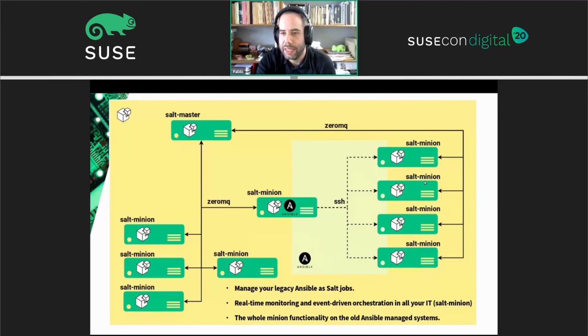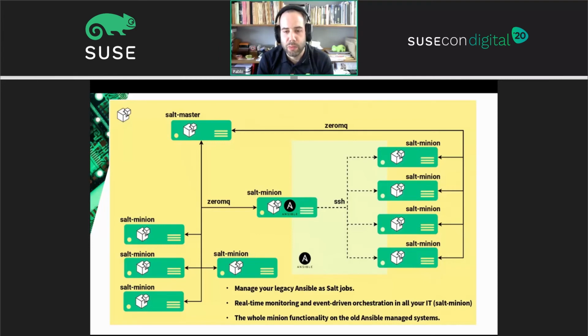We can make events be triggered from here when something happens on the system, so the master can react to that and make, for example, the playbooks be re-triggered again. So as you can see here, we are not forcing the customer to scrap and discard any of the work that they already invested.